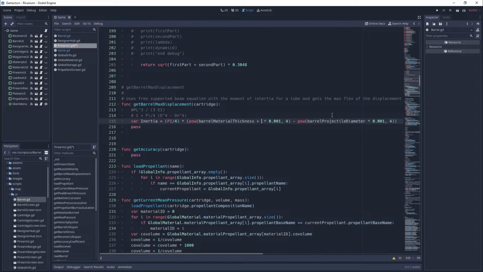Raw material thickness times 2 plus barrel projectile diameter. So in normal order, this should work.